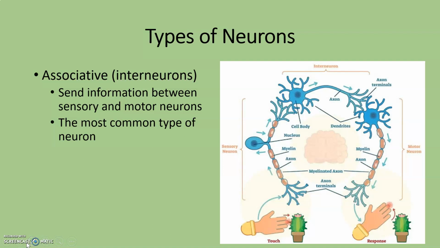And then you have other interneurons which are going to send a signal to the pain center in your brain, letting you know that when you touch something prickly, that causes you to experience pain. And that is an example of how the different types of neurons work together. And this concludes our introduction to the nervous system.